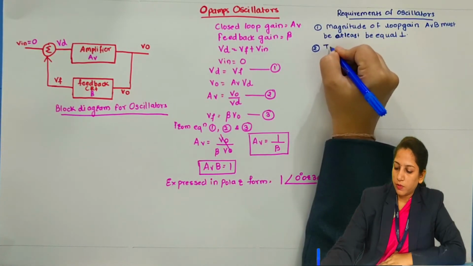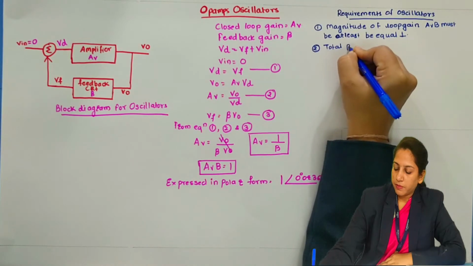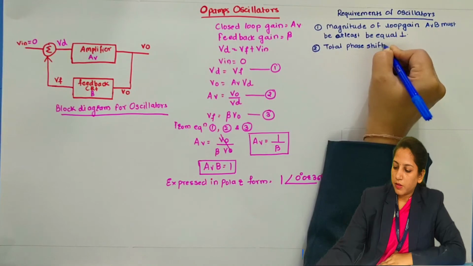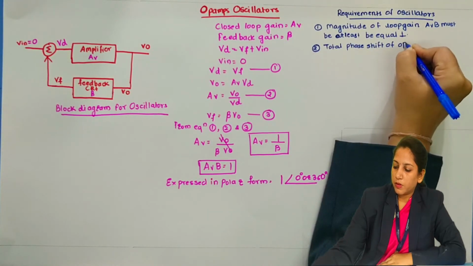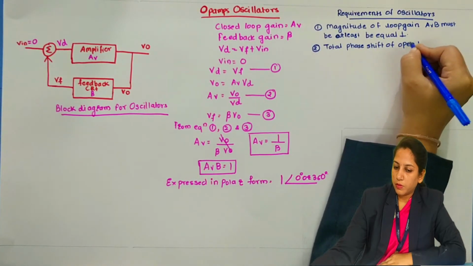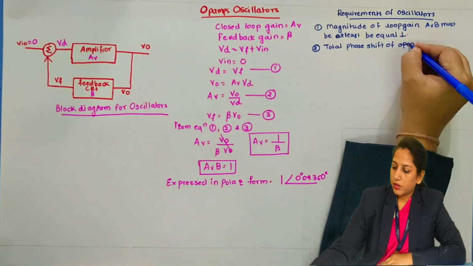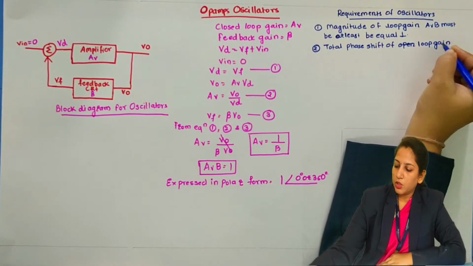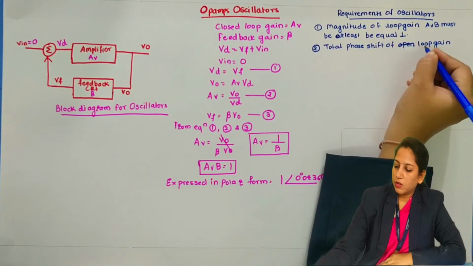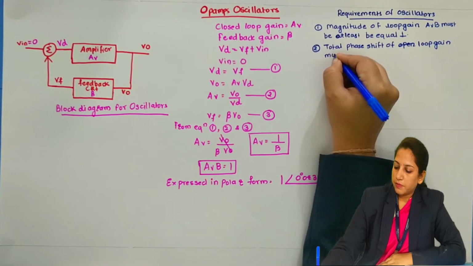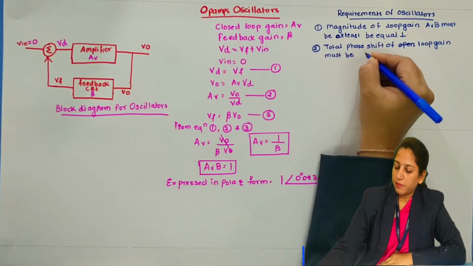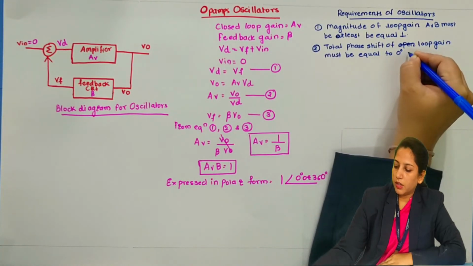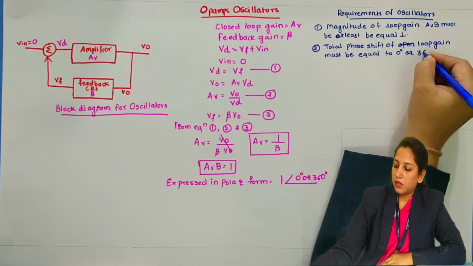The total phase shift of the loop gain, it's not open, it's closed, must be equal to 0 degree or 360 degree.